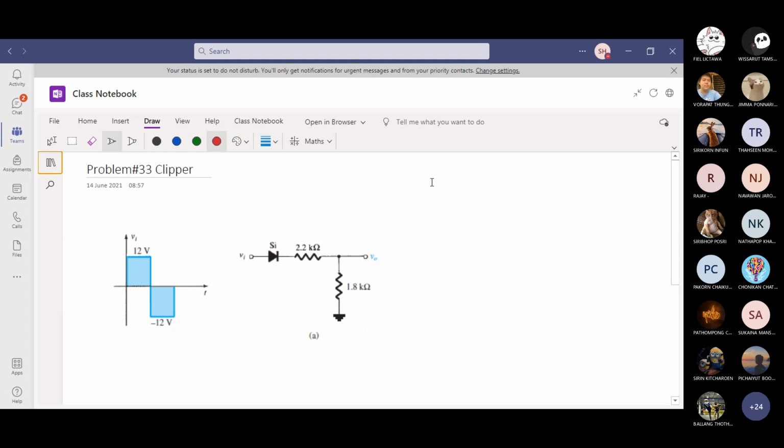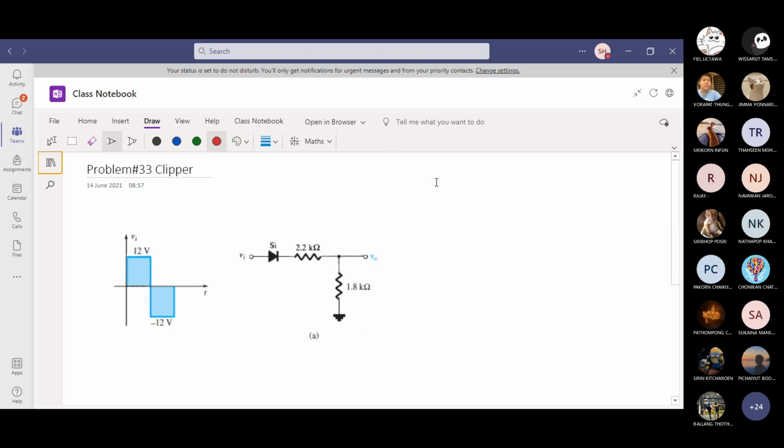Find the current when the circuit is on. Find the output voltage for positive and negative half cycles, and then finally draw or sketch the waveform.